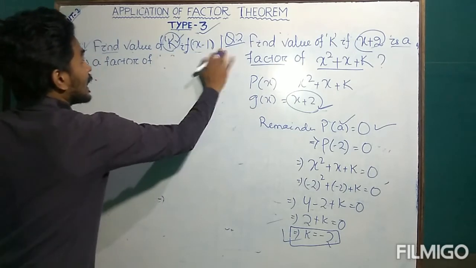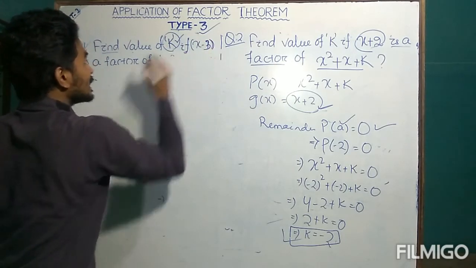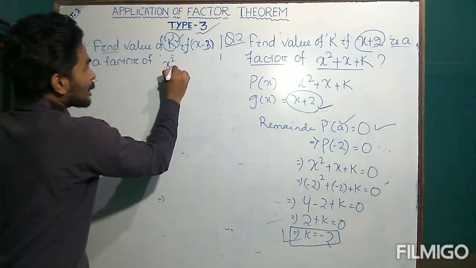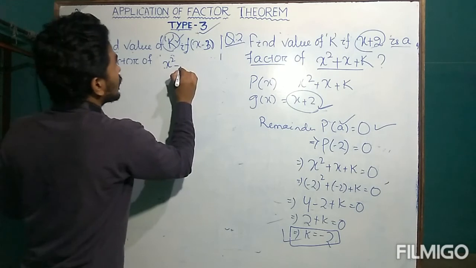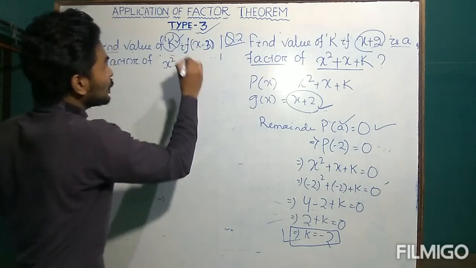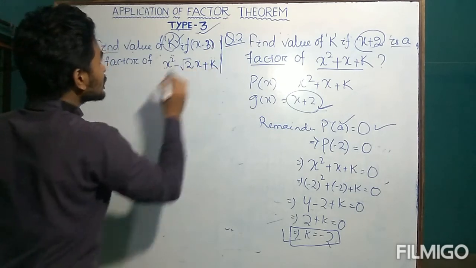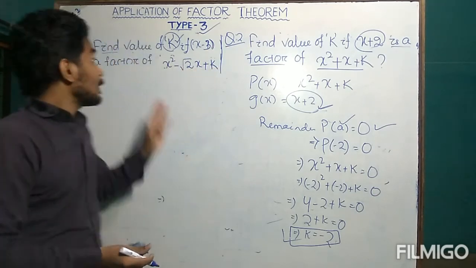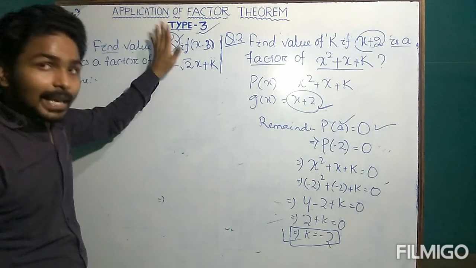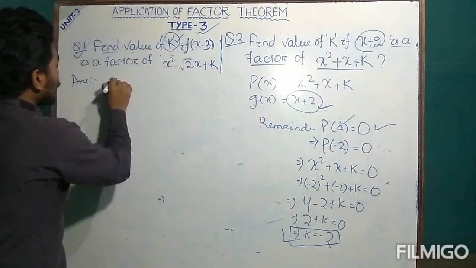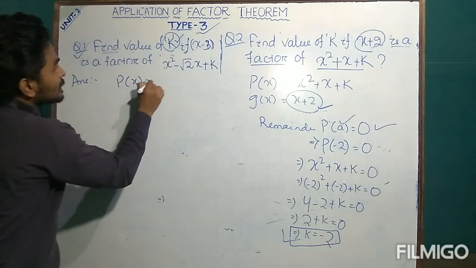If x minus 3 is a factor of x square minus root 2x, okay, plus k. This is also one type of question. We need to find the value of k if x minus 3 is a factor of this. And what we have? We have p of x given.